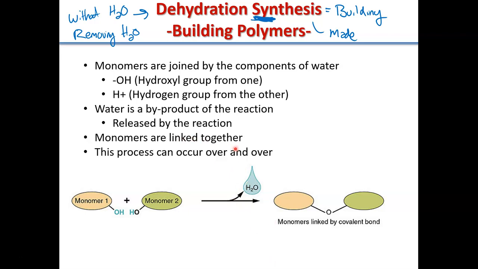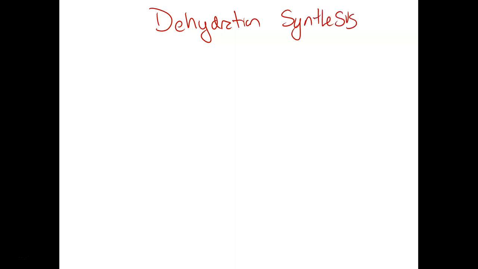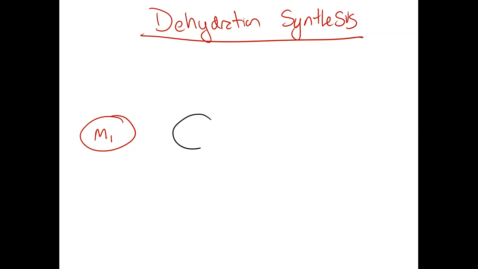The monomers are linked together, and this process can happen over and over again. So let me draw this out for you so you have another visual. Dehydration synthesis, okay? What happens here is we have monomer 1, I'm just going to say M1, and I'll use another color for monomer 2.